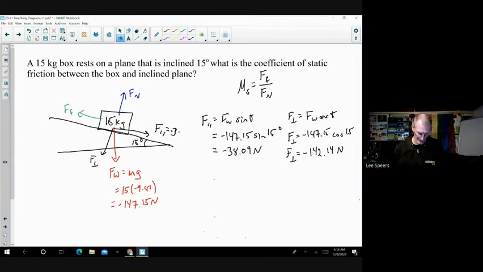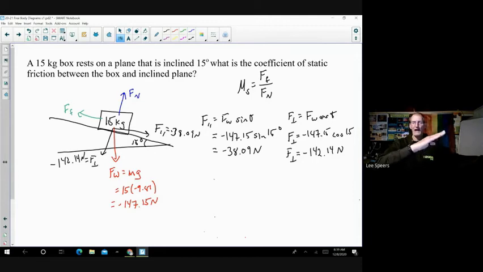Negative 38.09 newtons and negative 142.14 newtons. So the parallel force or parallel component is much smaller than the perpendicular force or perpendicular component because the angle is so small.